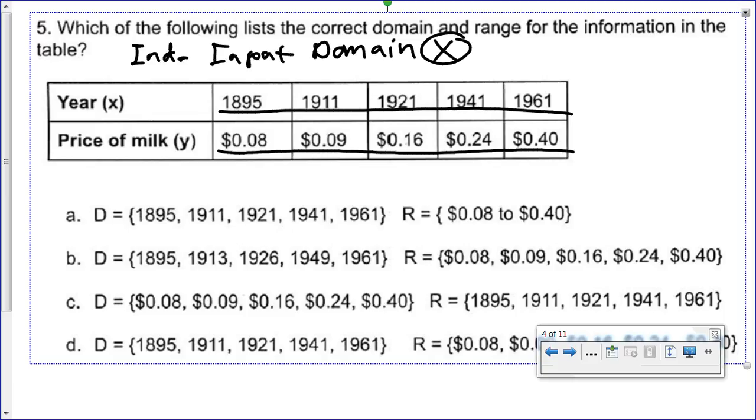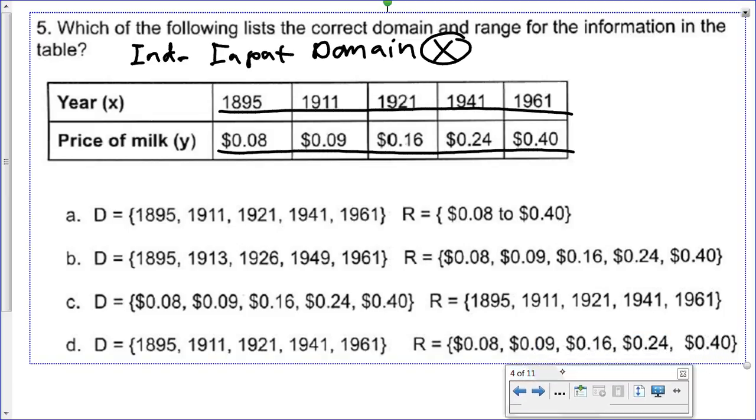So we can see one of these corresponds directly to how I've explained that. It should contain exactly what is shown in the chart. And hopefully you can answer that from that.